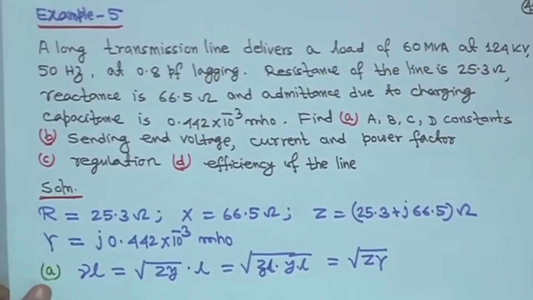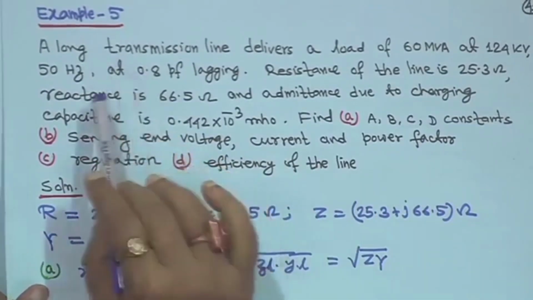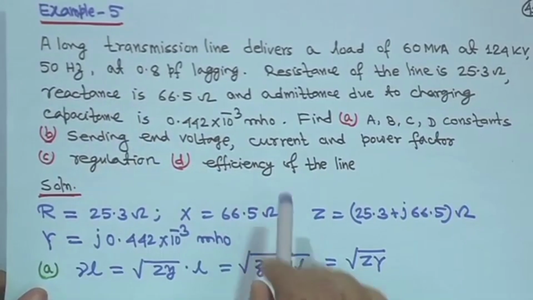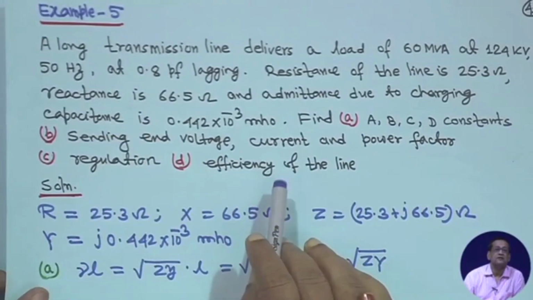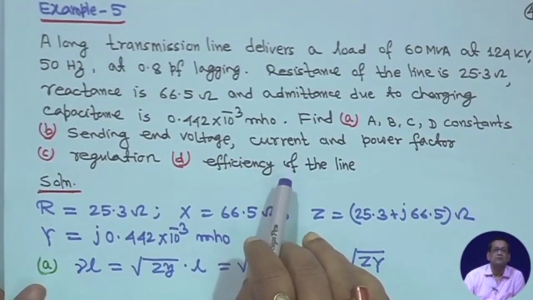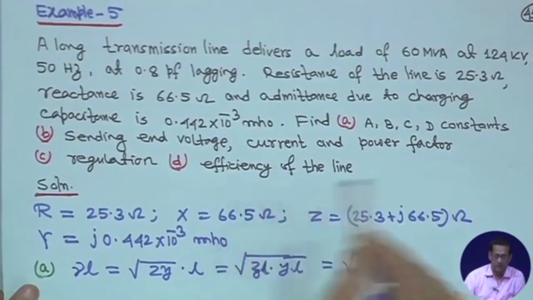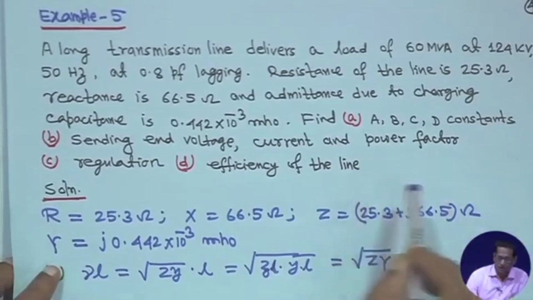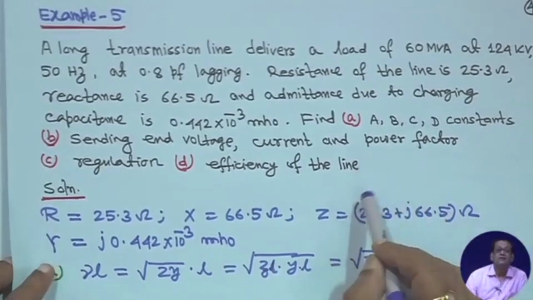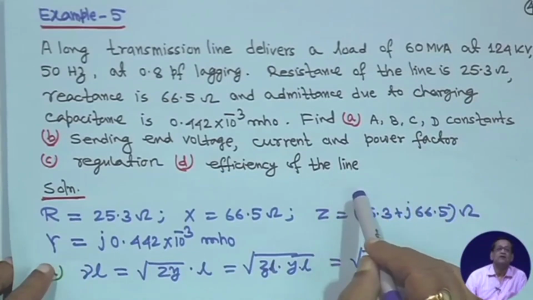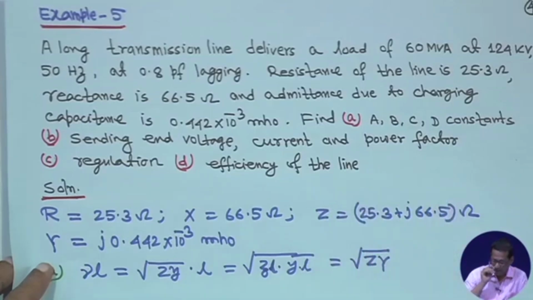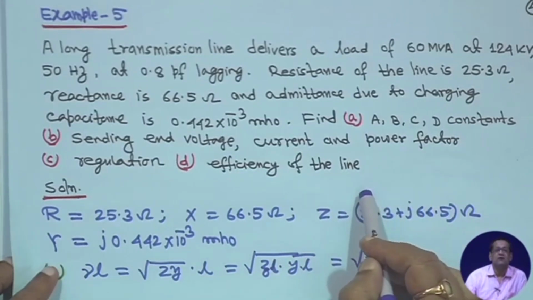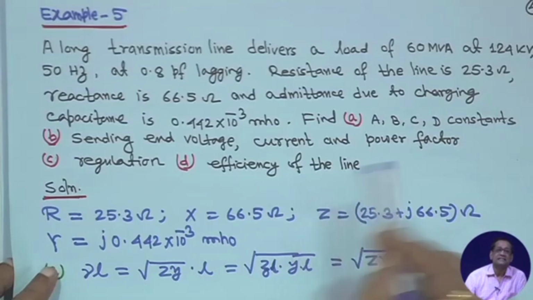Earlier we have seen the short line and the medium line with the pi model of the transmission line, and now we will see the exact one, that is the long transmission line. After this we will take one short line, medium line and long line with the same parameters and compare them. That will be the next example.